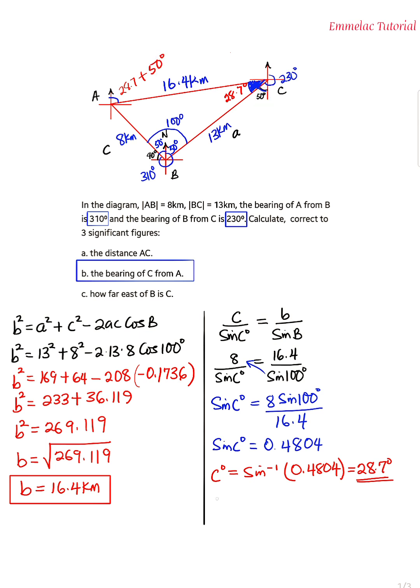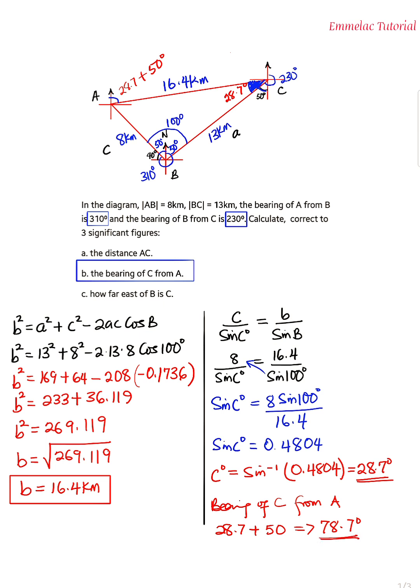That will be the bearing of C from A, which will then be 28.7 plus 50. Now this gives us 78.7 degrees, to 3 significant figures.